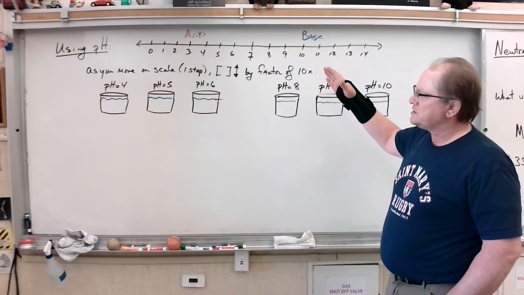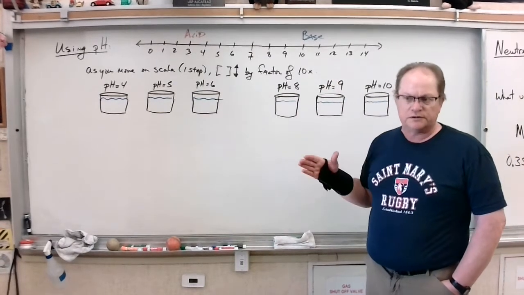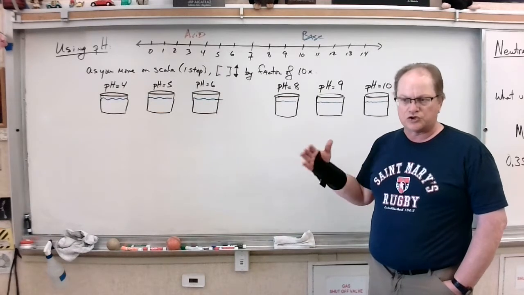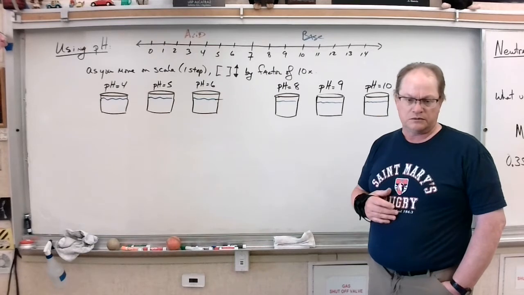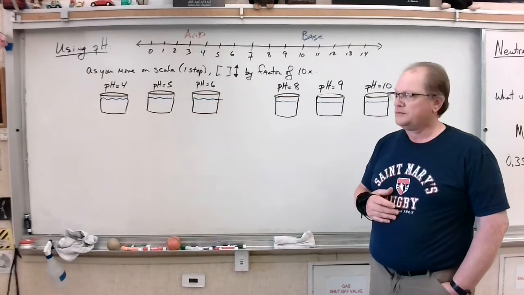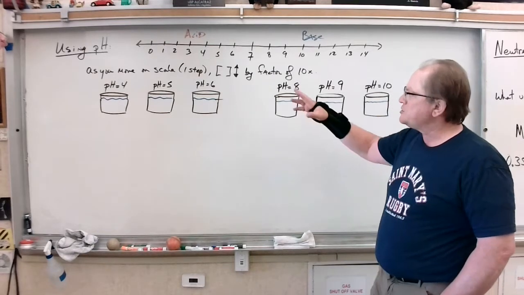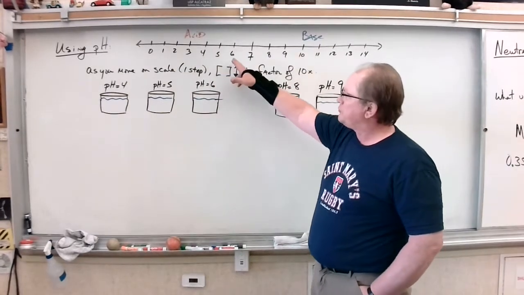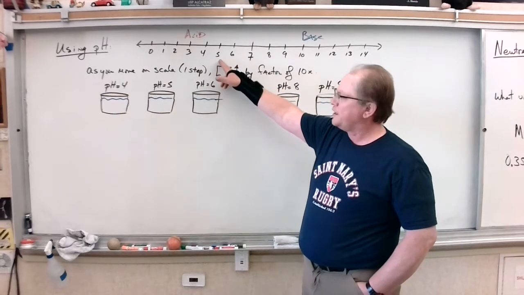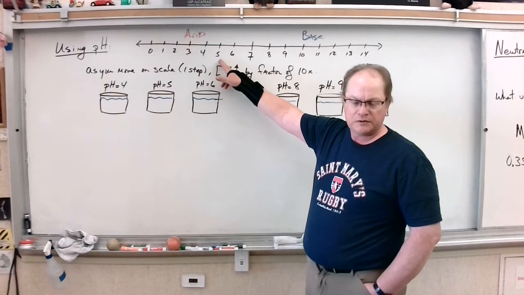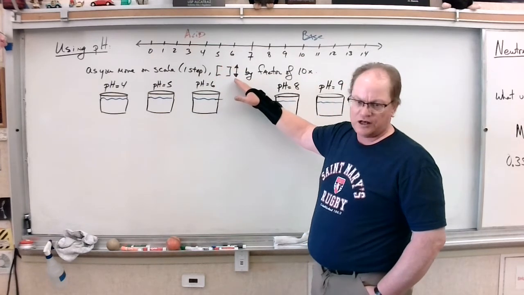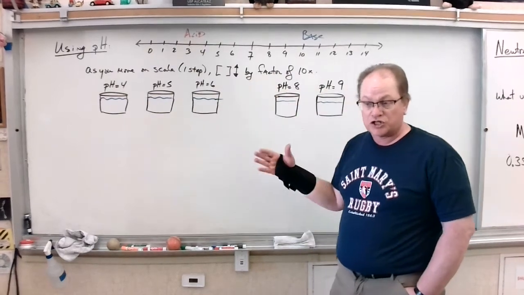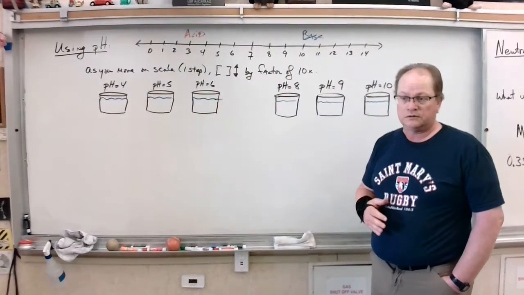What it's telling us about is concentration, right? That's what pH tells us, concentration, specifically of hydronium. And as we move around on the scale from one number to another, that is, we make a step on the scale, the concentration of that ion changes by a factor of 10.